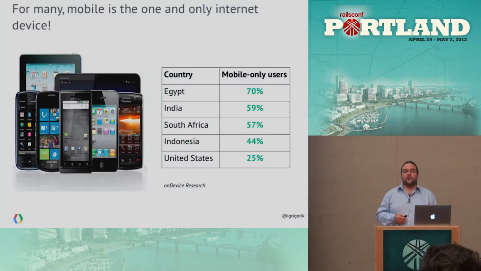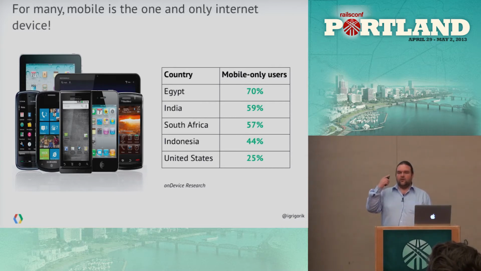The problem is that many users today are already using just mobile phones or iPads or whatever, mobile devices. So even in the US, already 25% of all users are using such a mobile device as their only device to use the internet, to surf the web. There are countries like Egypt where it's even more extreme. So we have to take that into consideration when we talk about fast web applications.